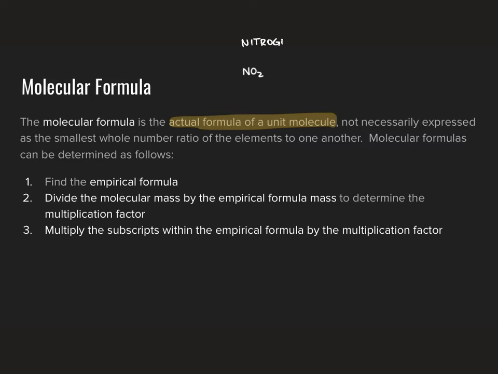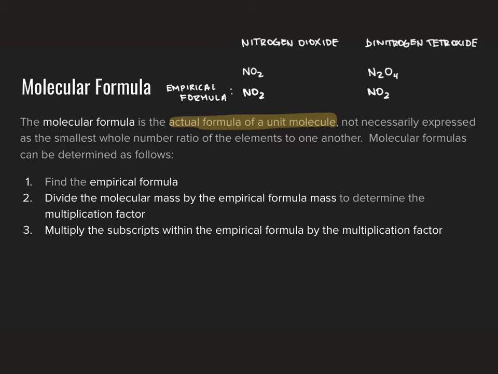Nitrogen dioxide also can react with itself in a dimerization reaction to produce another compound, which is dinitrogen tetroxide, N2O4. Both nitrogen dioxide and dinitrogen tetroxide have the exact same empirical formula. That is, the smallest whole number ratio we can express those elements to one another in is a ratio of 1 nitrogen to 2 oxygens.